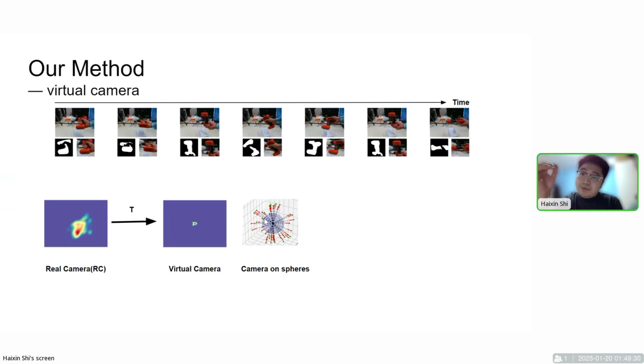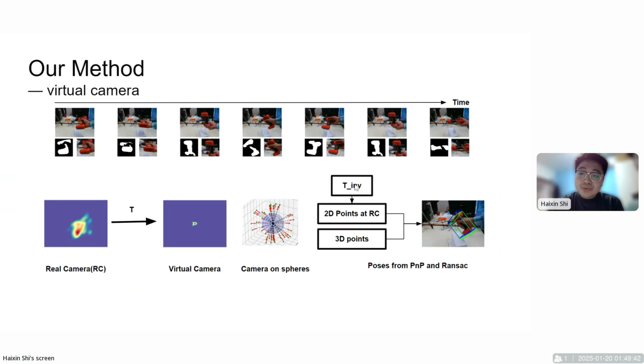We first project the 3D points onto the virtual image plane, so we get some virtual 2D points. Then we use the inverse of the transform T that we mentioned earlier to transform these 2D points back to the real camera image plane.